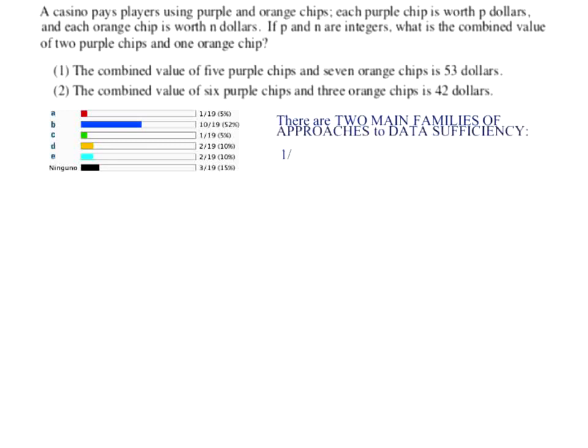The first of those is your textbook style methods, anything you would have learned in school or that you would consider a traditional way of solving a problem. That's number one. The other main family of approaches to this is testing cases.